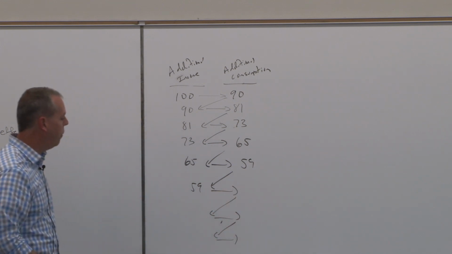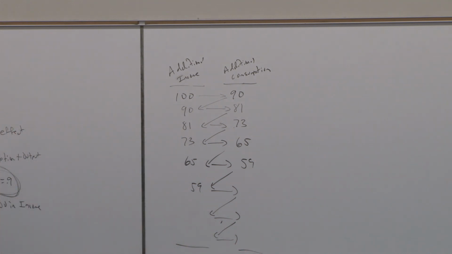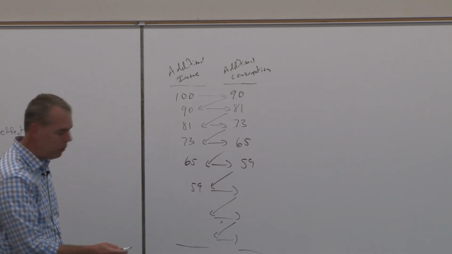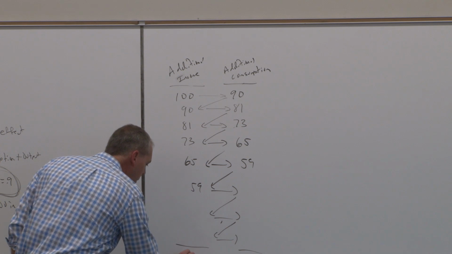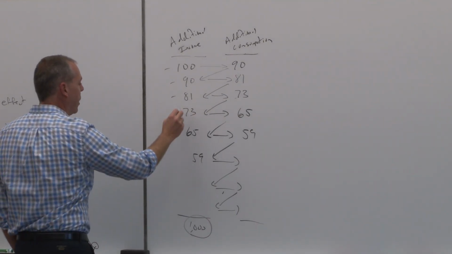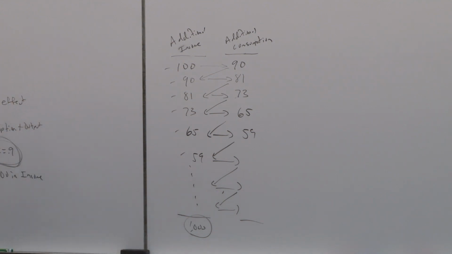And interestingly enough, when you add all this up, you're going to see here that income has grown by, in this example, 1,000. This 100 plus this 90 plus this 81 plus this 70 plus this 65 plus 59 all the way down until we get down to 0. We've seen income grow by 1,000.